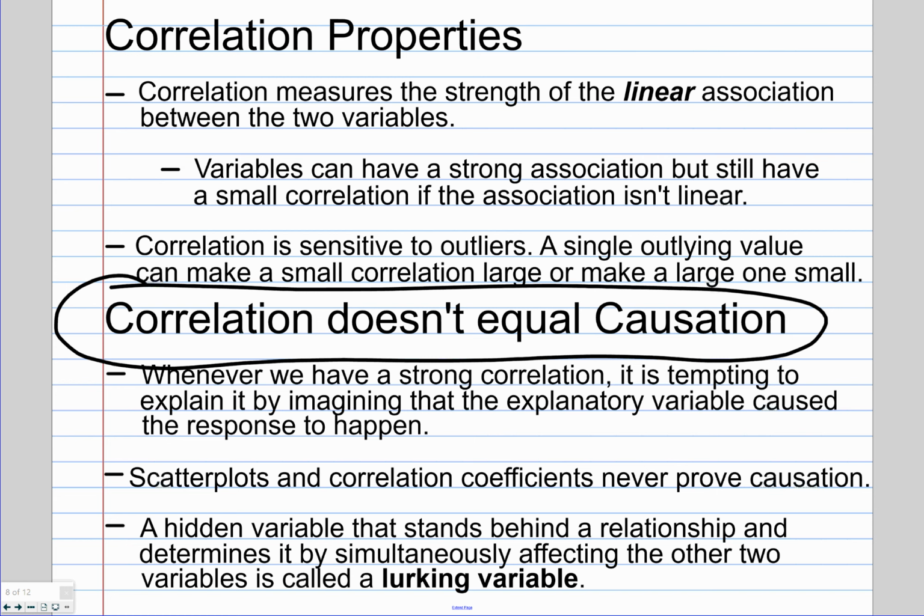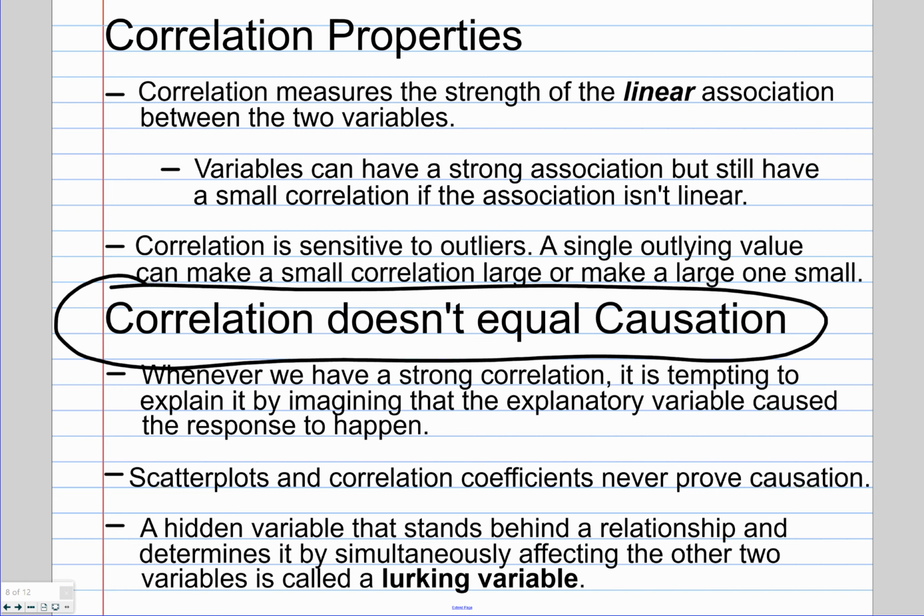I have two variables. The first is average life expectancy in a country. On average, how long do people live in a country? That's quantitative. The unit is years. The other variable is number of TVs per household.